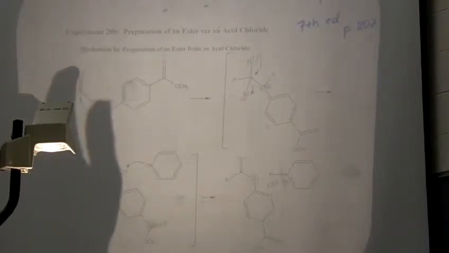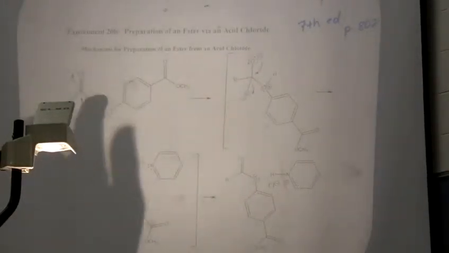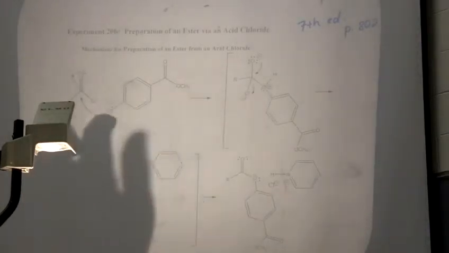This reaction is known as alcoholysis. So we're reacting this alcohol and converting it to the ester. Very typical of carbonyl chemistry, we take a nucleophile and attack the carbon of the carbonyl, and then we add that acid chloride on to what was the hydroxyl group.